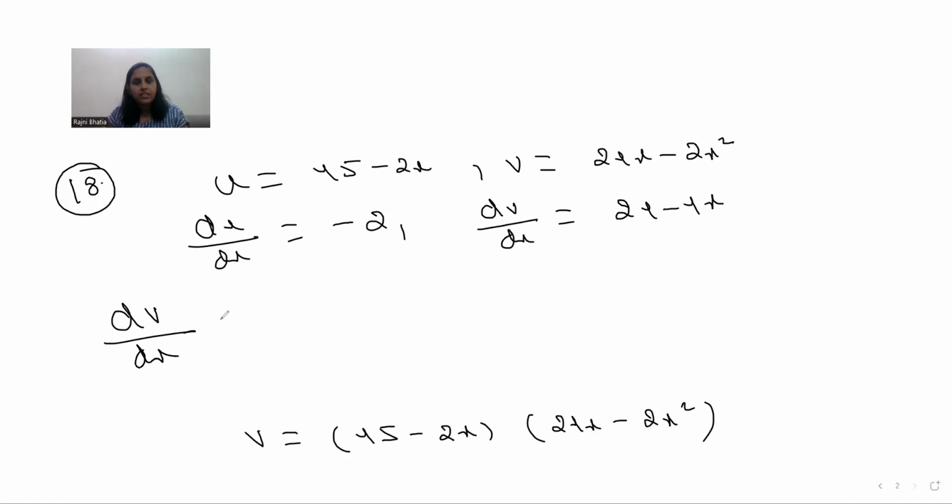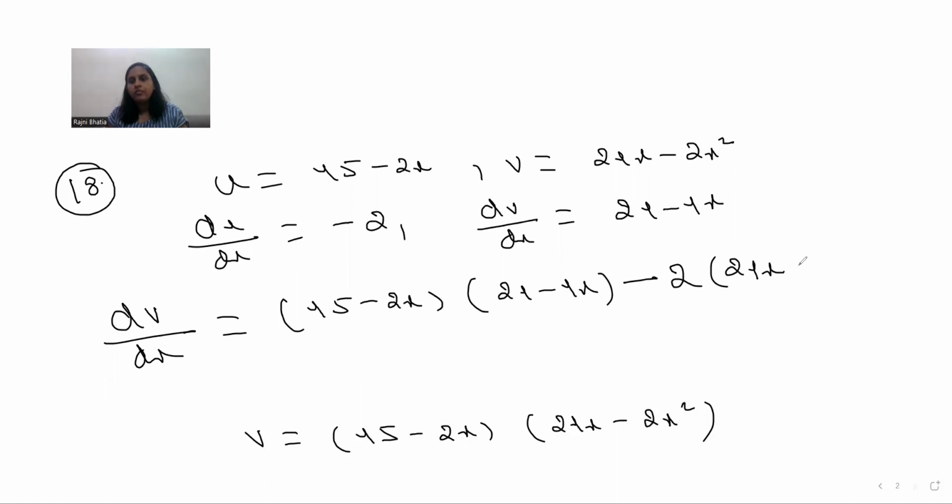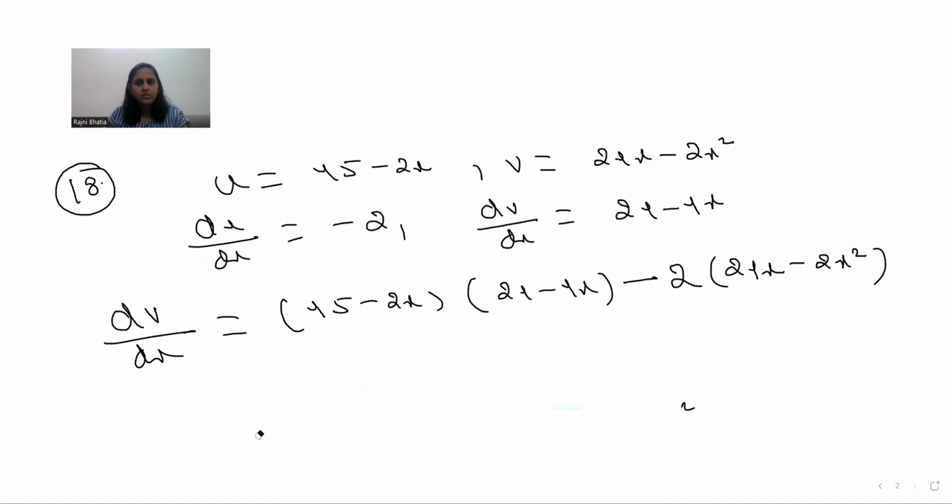So for dv by dx, I'm going to apply the product rule, uv dash plus vu dash. So 45 minus 2x into 24 minus 4x, minus 2 into 24x minus 2x square. Now I am not going to get anything common out of it. I can just get 2 common or 4 common. So what I need to do in these types of questions is try to take out the maximum things common.